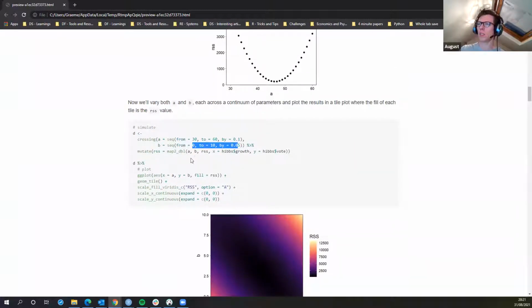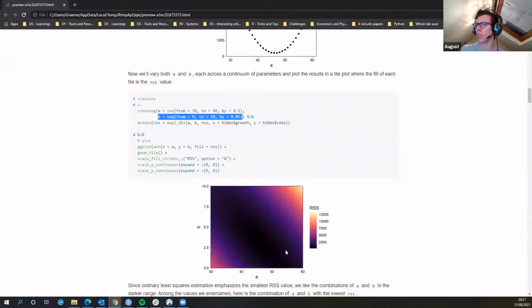Oh, so this is changing the value of the intercept, and here's changing the value of the coefficient. And what it's doing is it's creating a, what's it? How do you describe these plots? What is that called?